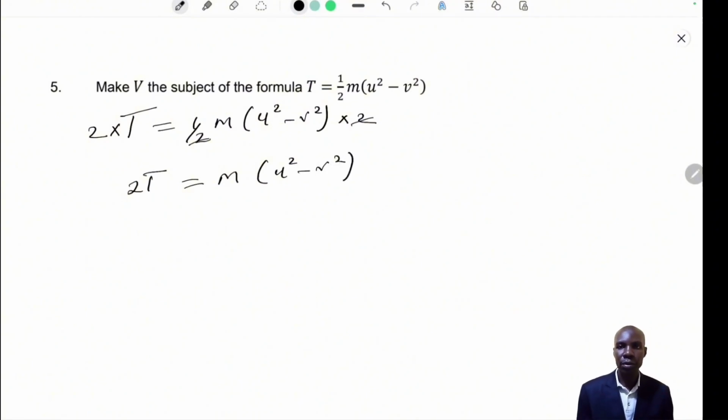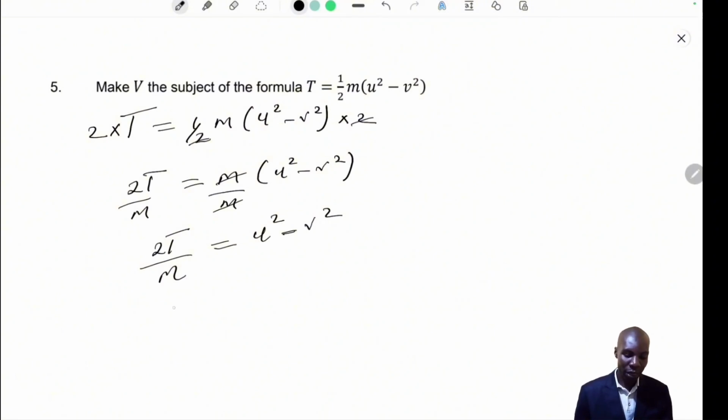Our concern is to make v the subject of the formula. So I can divide both sides by m. So this one cancels out. I'll have 2t over m equals u squared minus v squared. Then what I can do is bring minus v squared to the left hand side.